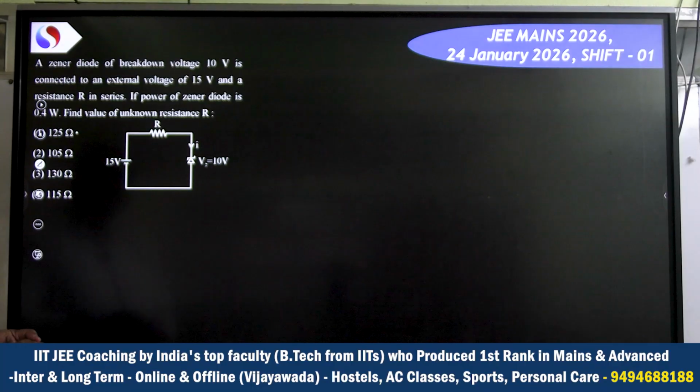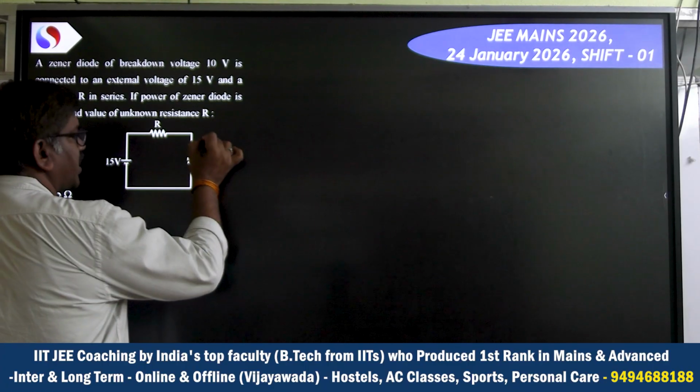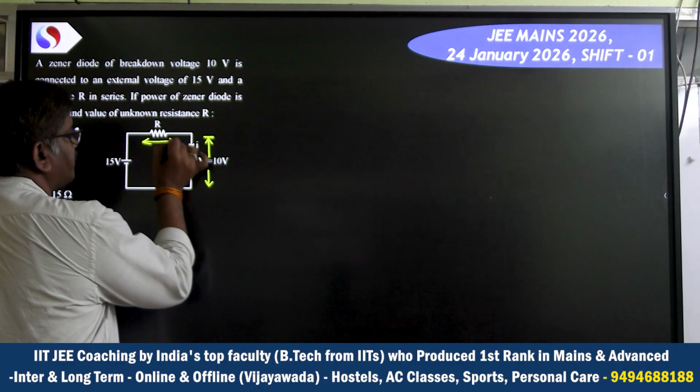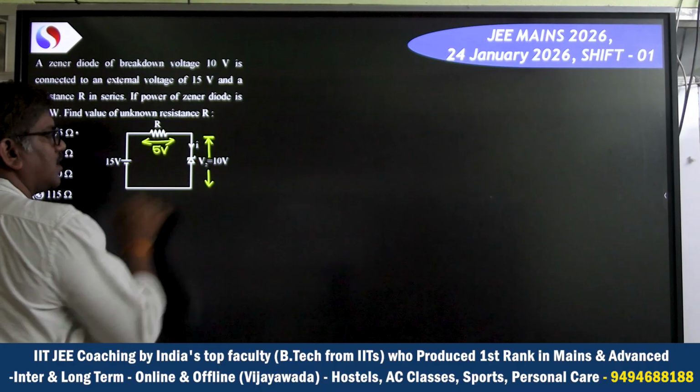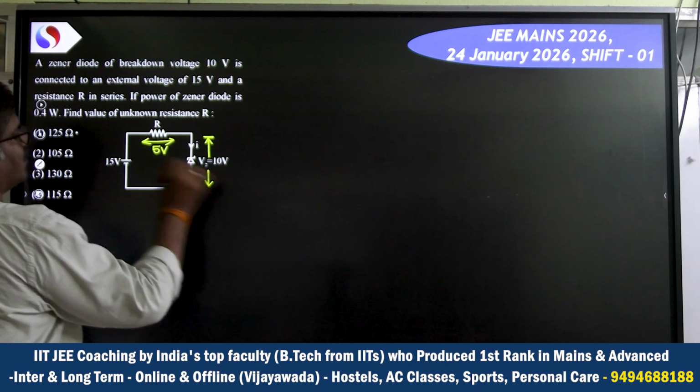Next one, the Zener diode with a breakdown voltage of 10 volt is connected to an external voltage of 15. You know that a Zener diode maintains a constant potential in reverse biasing. This is 10 volt, so the remaining is clearly 5 volt, as the total is 15. The power across the Zener diode is given.